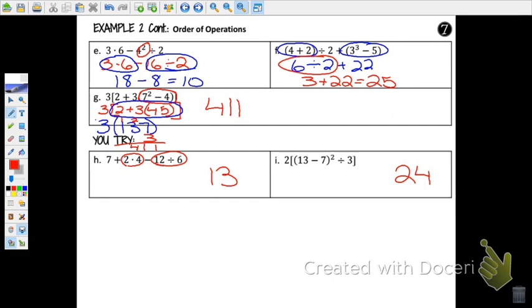Working inside the brackets, 13 minus 7 gives us 6. 6 squared is 36 divided by 3. 36 divided by 3 gives us 12, which gets multiplied by that 2 out front, and that gives us our answer of 24.